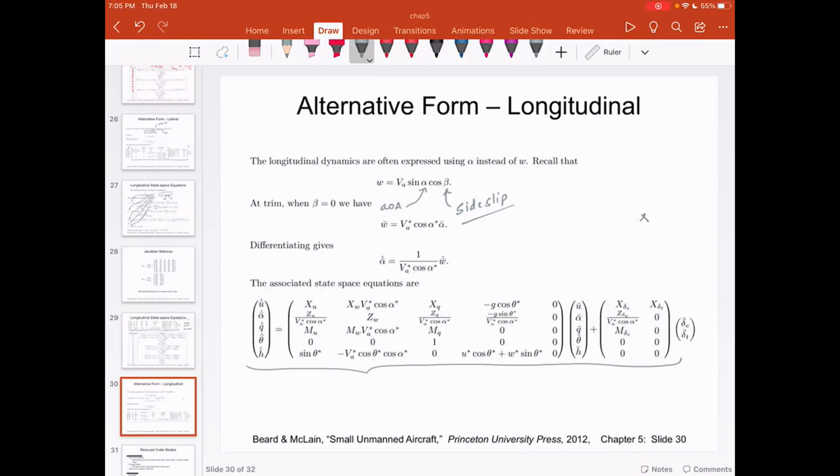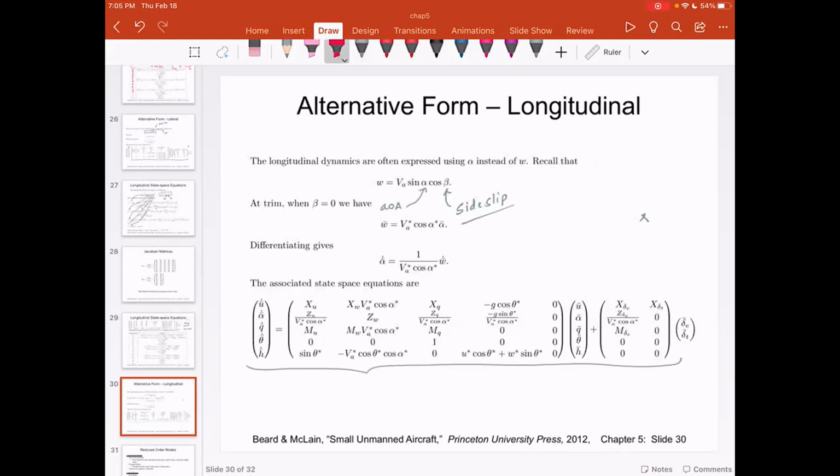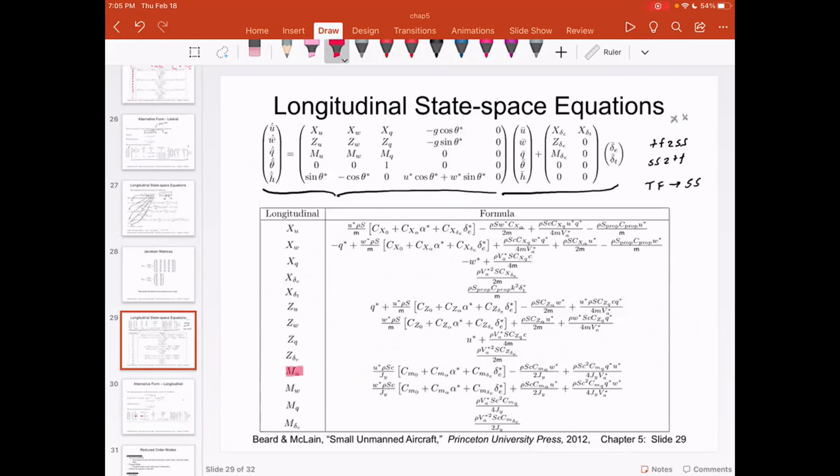Again, it's totally up to you. Whether you use the equations in the first form or in the second form, it does not matter. Finally, your answers are going to be the same. As a matter of fact, some of these constants are basically the same. So that is how you can simulate the complete dynamics.